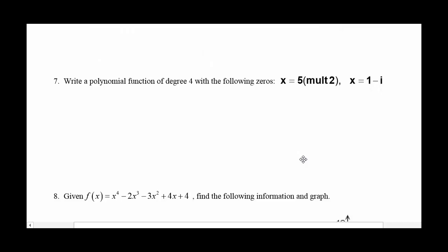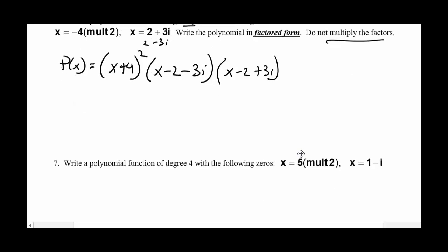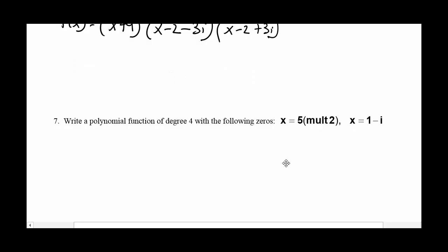Going down to number 7, find a polynomial function of degree 4. So notice 6 and 7 feel very similar to each other. I went out of my way in number 6 to say, do not multiply, leave it in factored form. But clearly, I missed the boat on number 7, right? No, I actually want you to multiply it out and see what the original polynomial was.